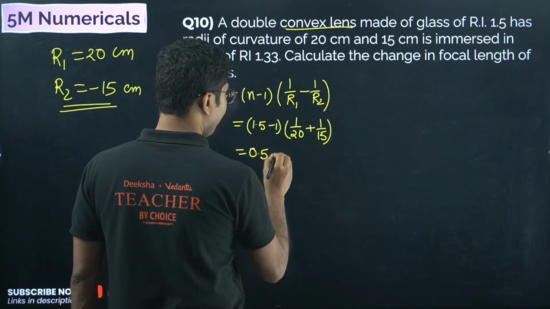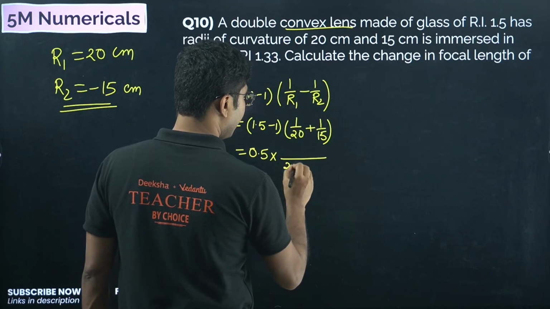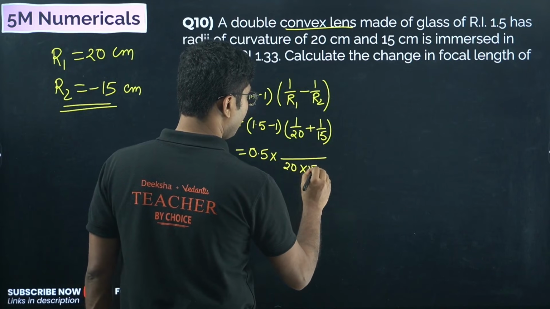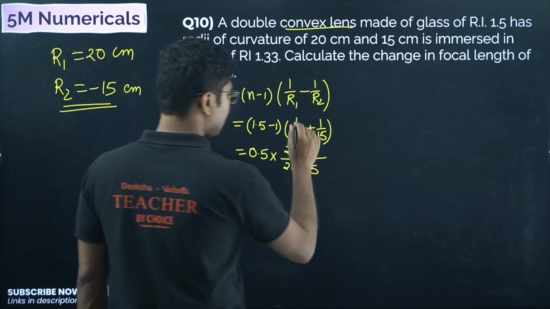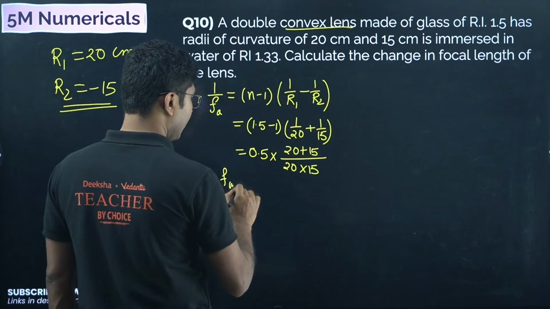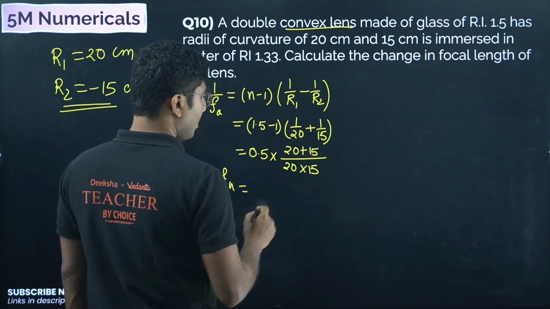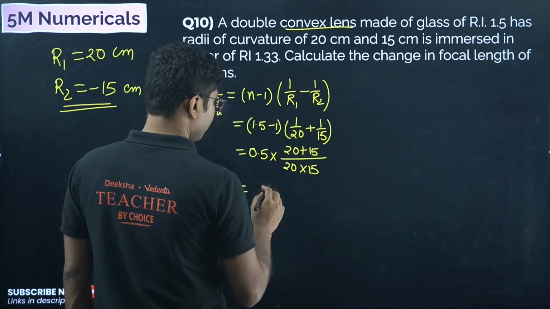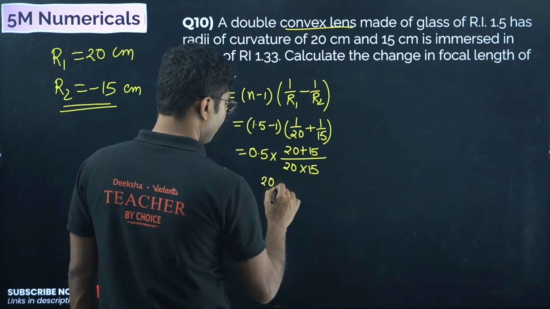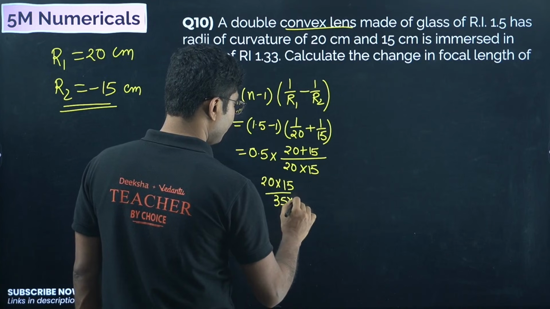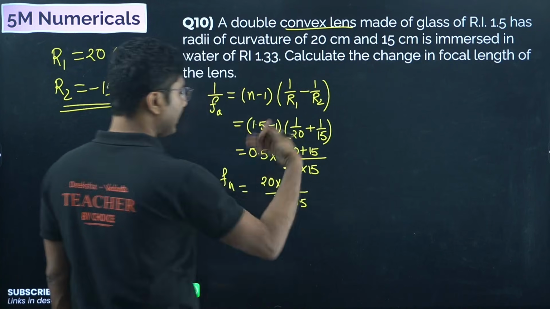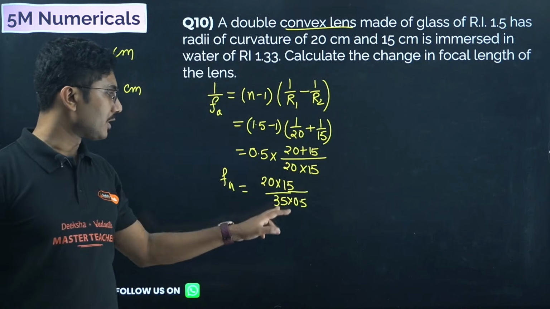So 0.5 into 20 plus 15 over 20 into 15. Okay, just did that. So FA equals 20 into 15 divided by 35 into 0.5. We just take the inverse on both sides. 20 plus 15 is 35.